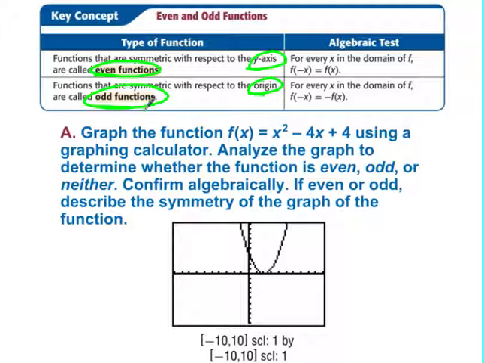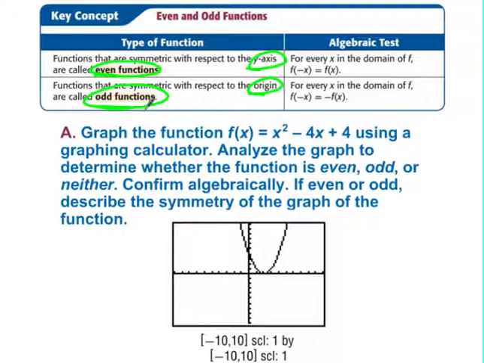When you get that entered in, just go to zoom, Z standard. Okay, so zoom Z standard.